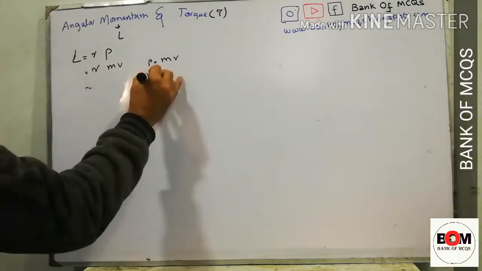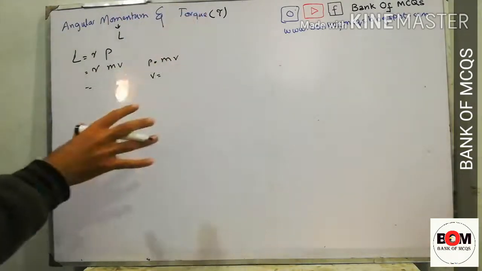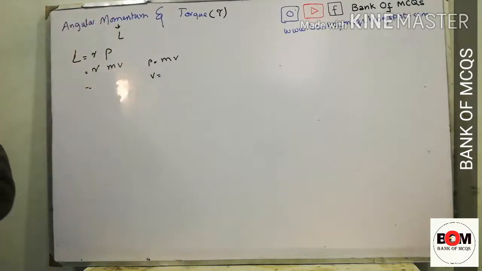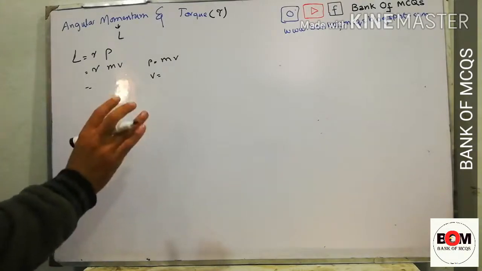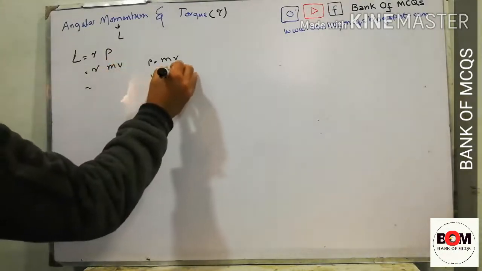All I am doing is deriving an equation that will contain both torque and angular momentum, and then we will go to systems in which angular momentum remains constant. We know that V is equal to R omega.